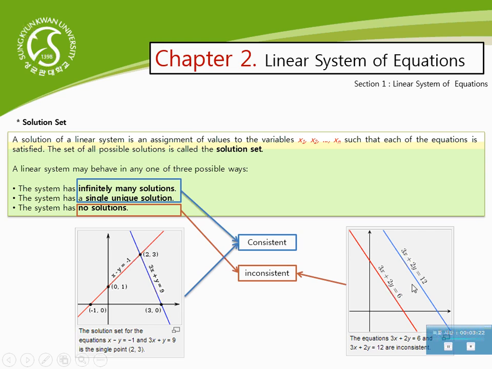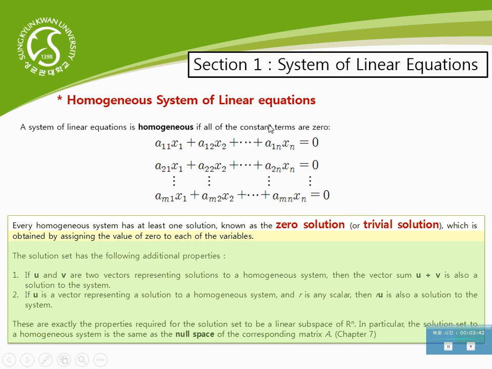And the case that the system has no solutions, like this. If they are parallel, then they never meet, so there are no solutions. Okay? So three cases: unique solution, infinitely many solutions, no solution. That's the only three cases for a linear system of equations.